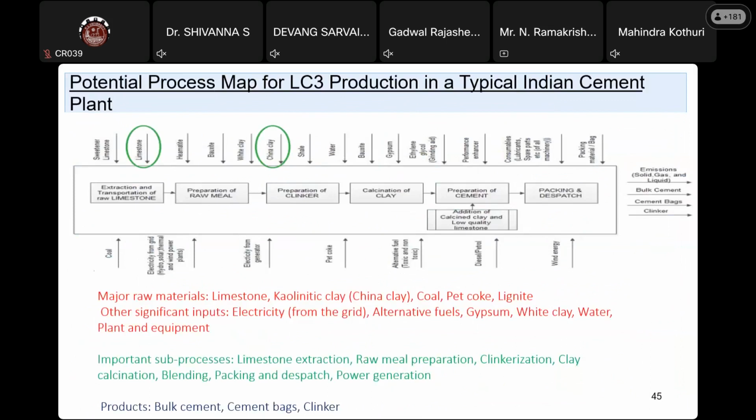Earlier we have done the process map for OPC, and we have seen the process maps for PSC and PPC. This is the one for LC3 production, a typical Indian cement. You can see the same thing: earlier, whatever you have seen, limestone, oxide or clay. Here the extra one is the China clay, and calcination of the clay will be done here.